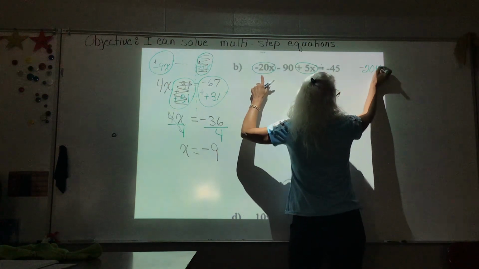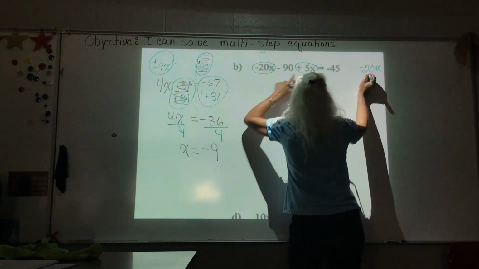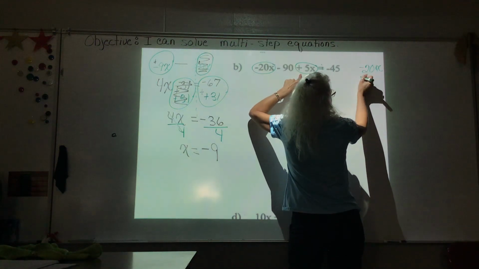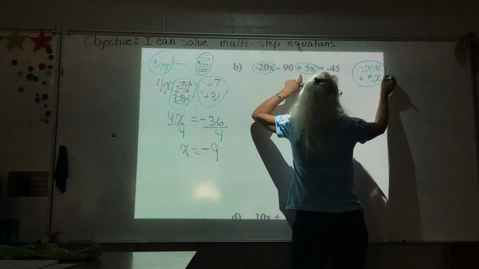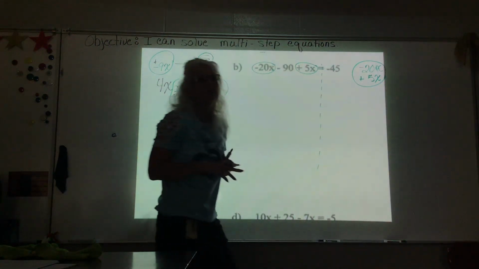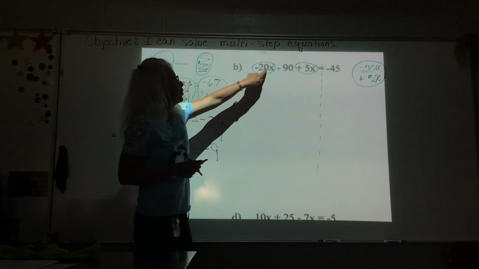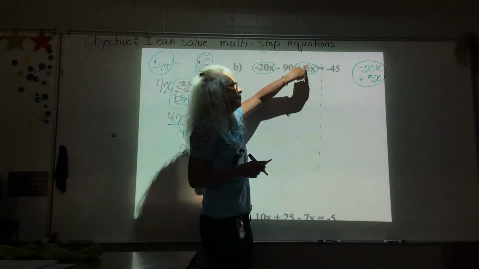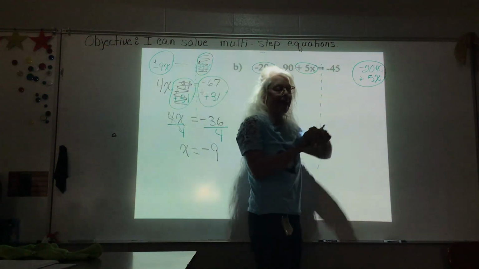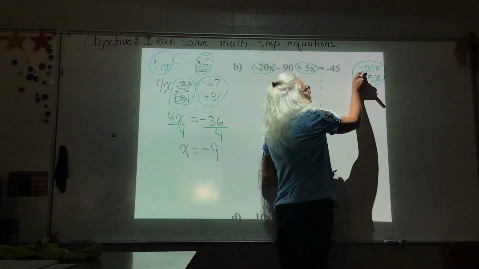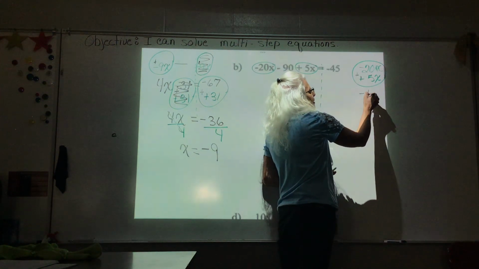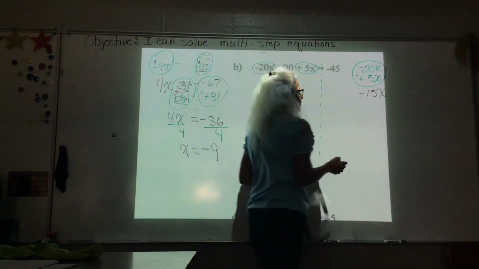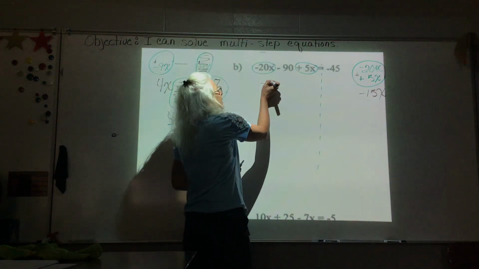Just over to the side at the margin, write down what's inside of your circles. Remember, you have to circle what sign is in front of them, and we're going to combine them. Negative 20x plus positive 5x is negative 15x.